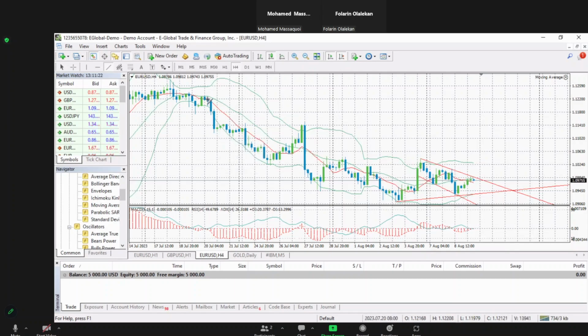So obviously this is a downtrend, and I'm more particular about the resistance, because we sell. You want to know where we should sell from. This is beautiful. This is a downtrend, and you can see price is coming down.